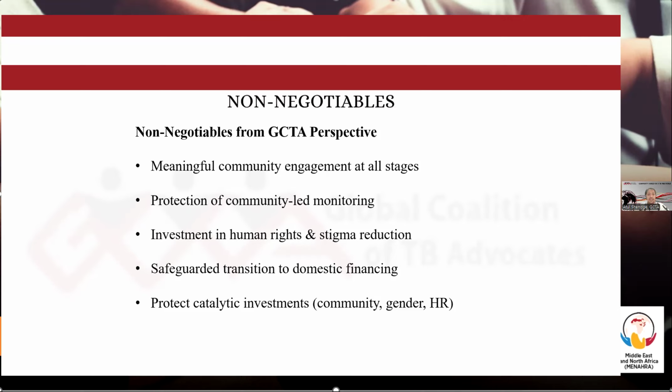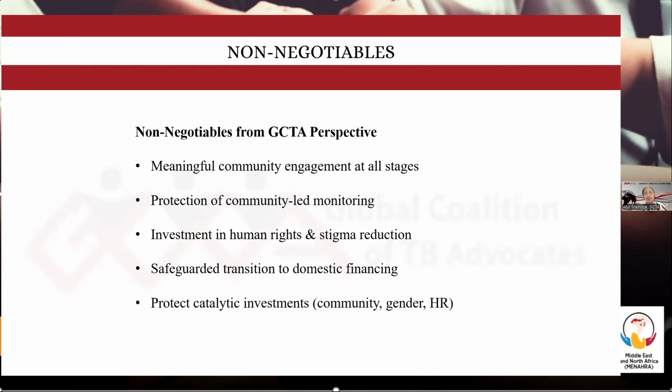So, what are the non-negotiables from GCT's perspective? First, community engagement must be meaningful, not just consultative, but embedded in decision making and monitoring. Along with that, it is equally important to build the capacities of communities, especially in TB, so that they can take on the responsibility of leading the TB response.